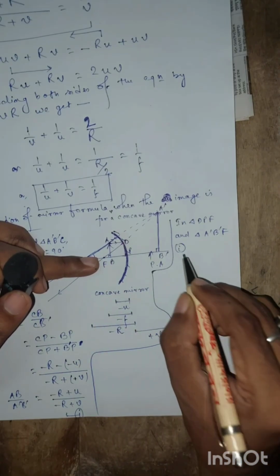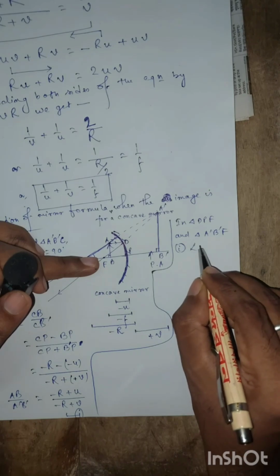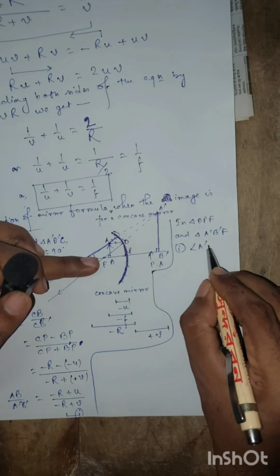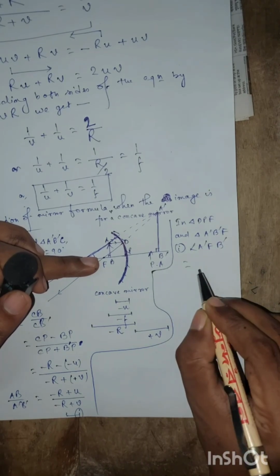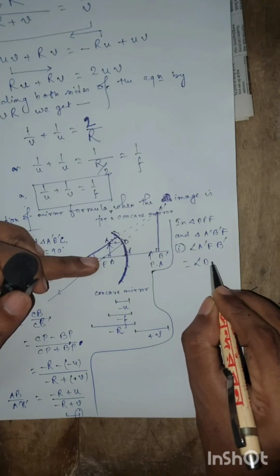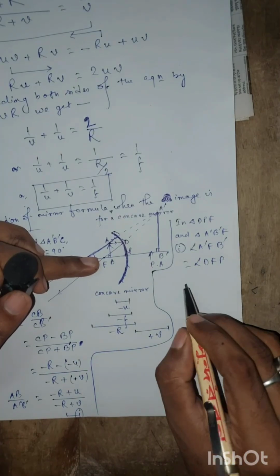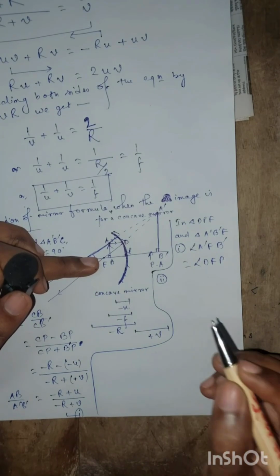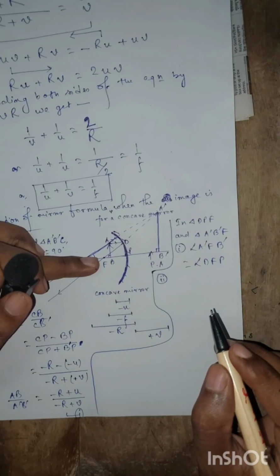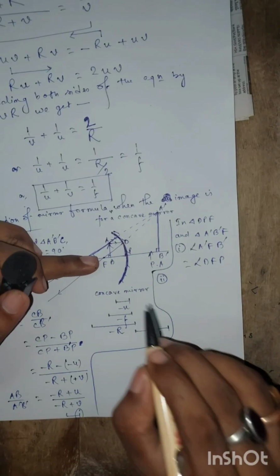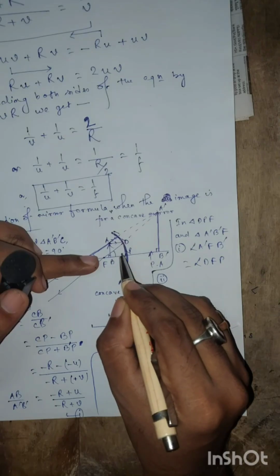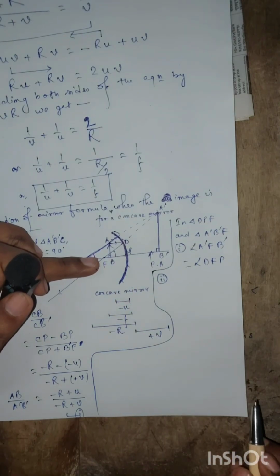That means angle A dash F B dash is equal to angle DFP. This angle is common to both these triangles.